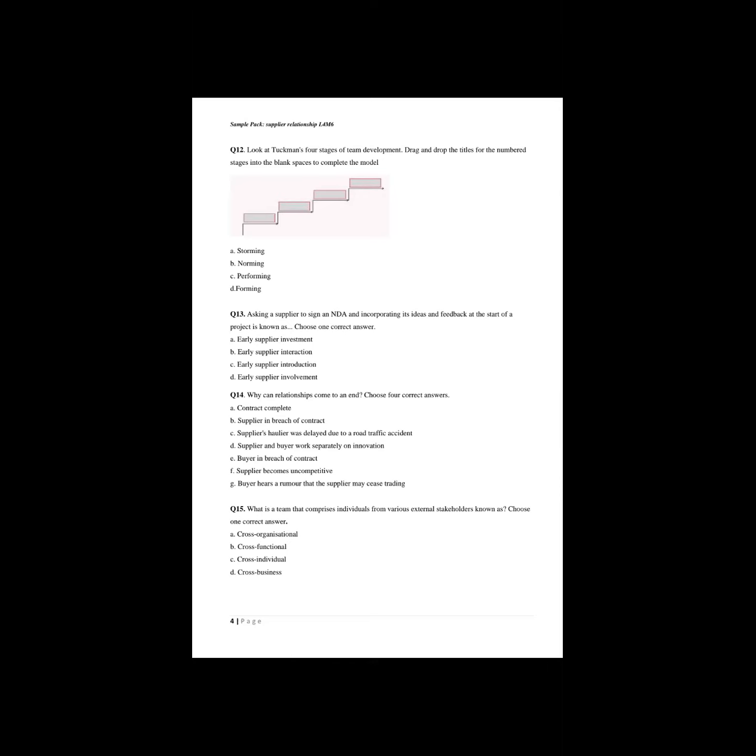A, early supplier investment. B, early supplier interaction. C, early supplier introduction. D, early supplier involvement. Which one would you go for? Early supplier involvement, yes, because we haven't done early supplier introduction, interaction, and investment.